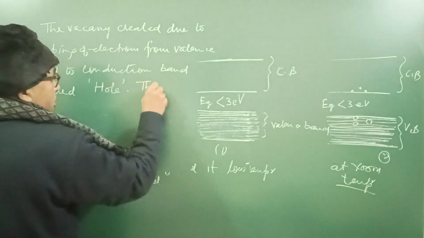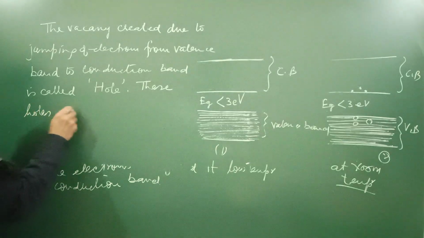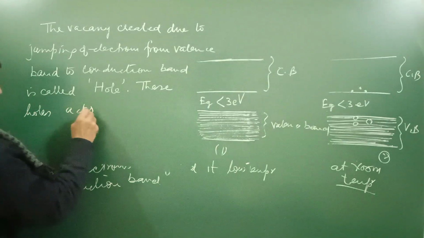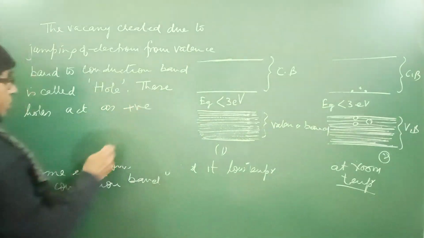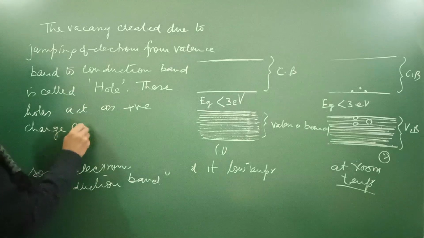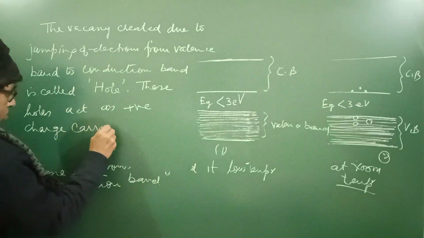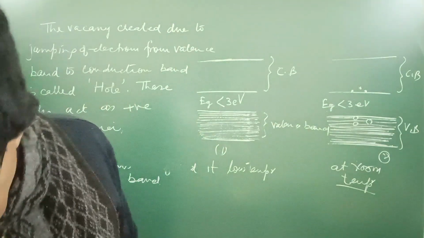These holes act as positive charge carriers. In metals, electrons are the charge carriers.